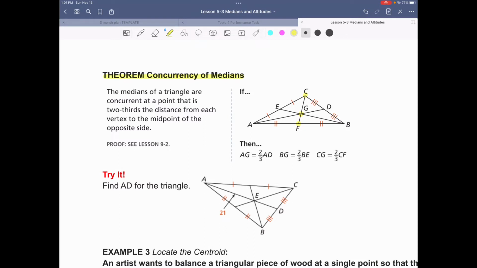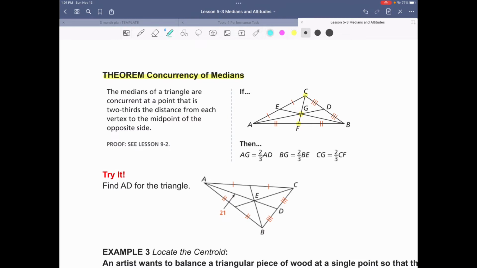So you can see that from C to F, there's the point of concurrency, which is G, and that is broken into, from C to G is 2/3, and from G to F is 1/3 of that line. And that is the theorem for concurrency of medians.